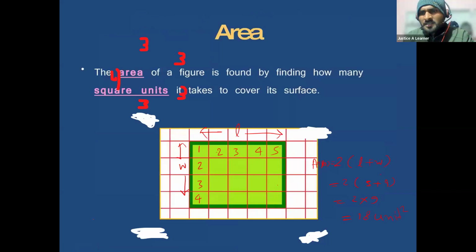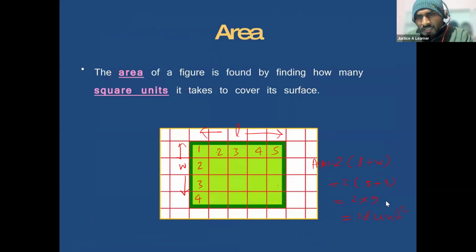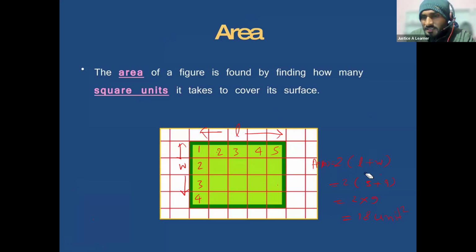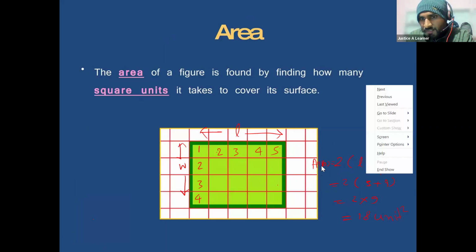Wait, Prisha, I just remembered something. This is actually what we found, perimeter, not area. So the earlier answer was correct. This is the formula of perimeter, right? This is not area.